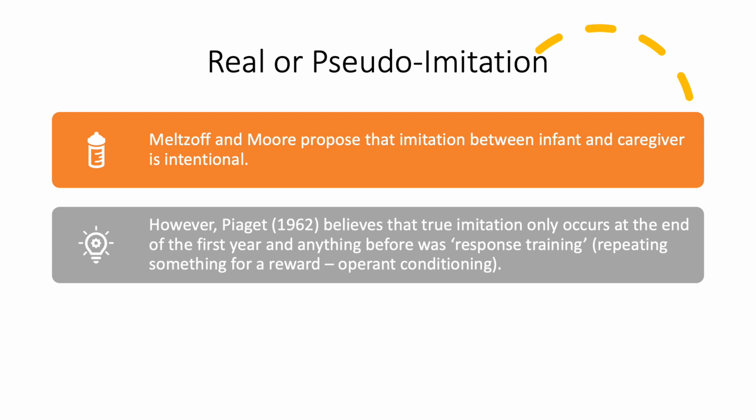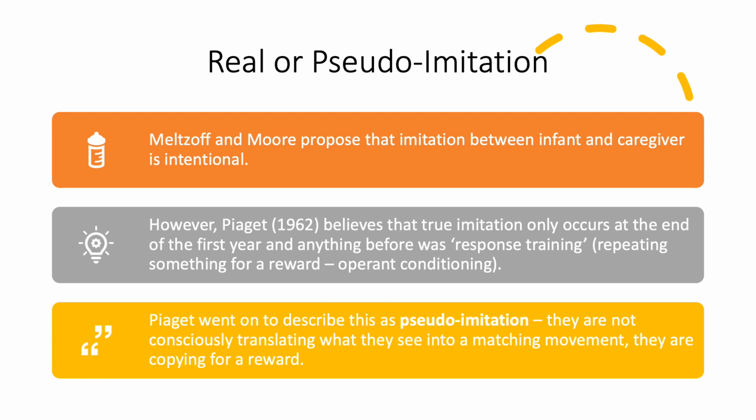You do something, you receive positive reinforcement in the form of a smile or a laugh, and then the baby will do it again because it liked the reaction that it got. So Piaget believes that it's pseudo-imitation. He didn't believe that babies were consciously translating what they see into a matching movement. He believed that babies just copy the behaviour for a reward.